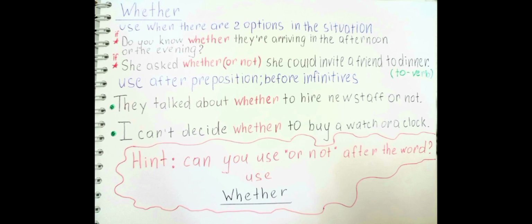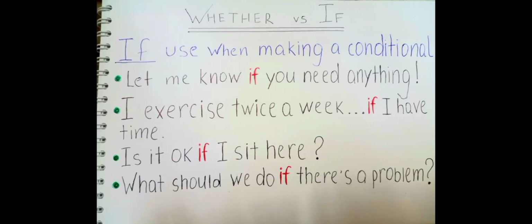Actually, to return to this one, let me know if you need anything. This is another example where you might hear a native speaker use whether as well, like, let me know whether or not you need anything. You might hear that, but I feel like this one is a little bit more commonly used with if.